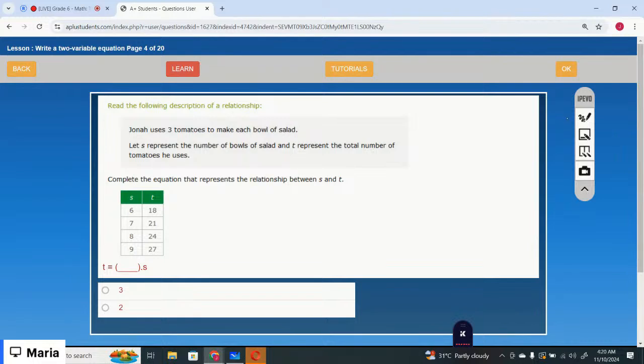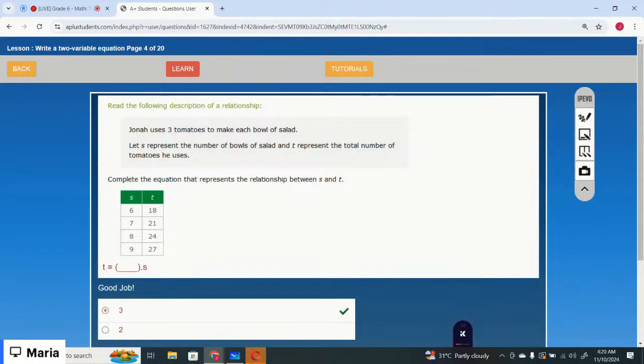That is T equals 3 times S. Option number 1 is the correct option, because 6 times 3 is 18, 7 times 3 is 21. So, that is 3.